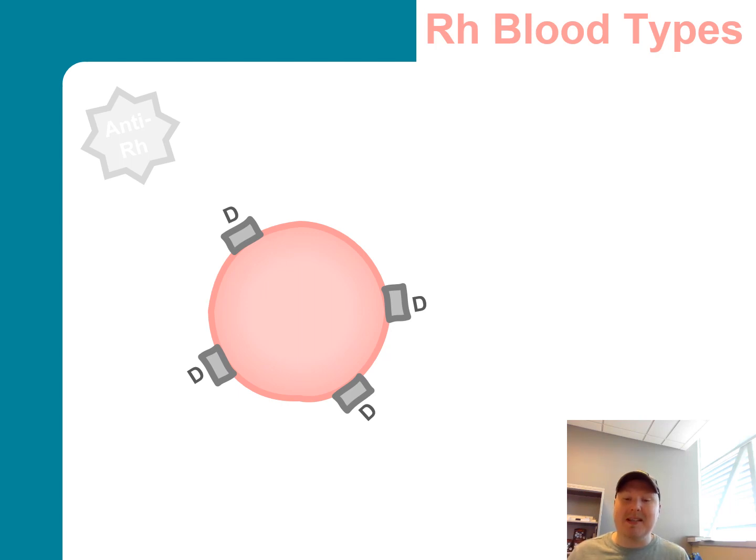This protein is either present or absent. So hence it's present in this particular cell. This means that it is a rhesus positive cell in this case. But as you can see here, there are no naturally occurring antibodies to the rhesus factor in the plasma.